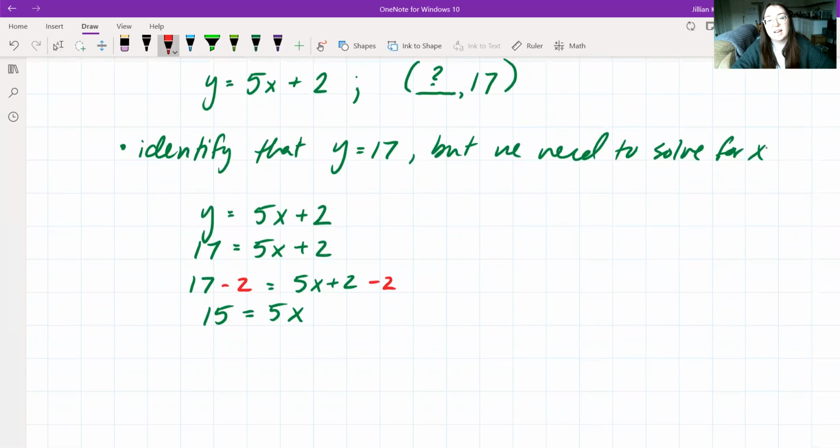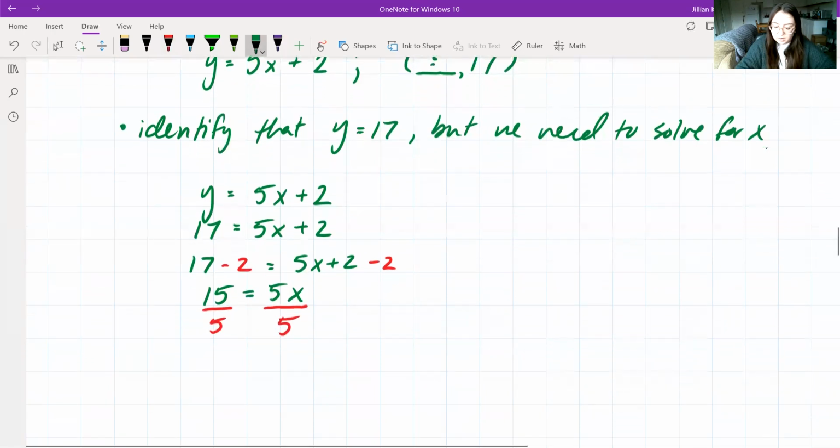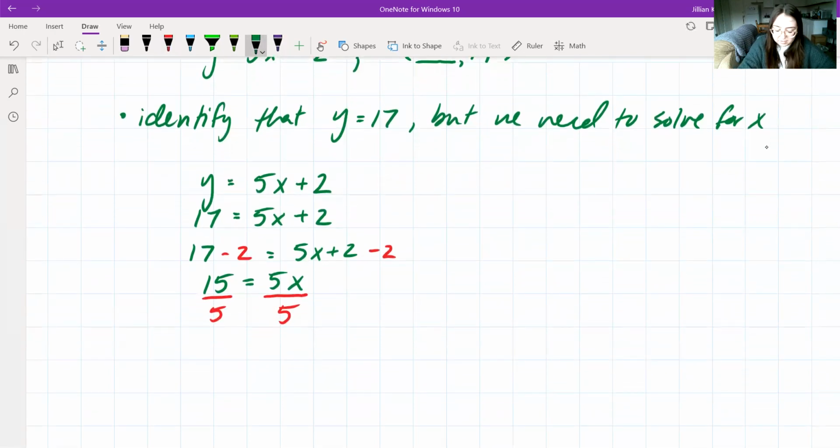And we want to isolate x as much as possible, so we want to divide each side by 5. And 15 divided by 5 is 3. So we get that x is equal to 3.